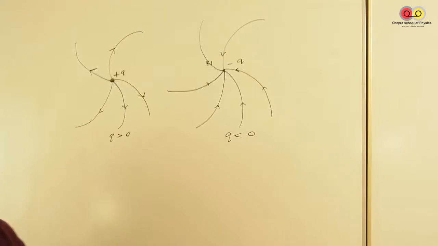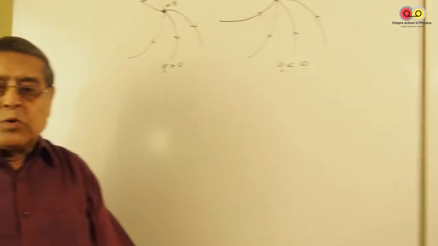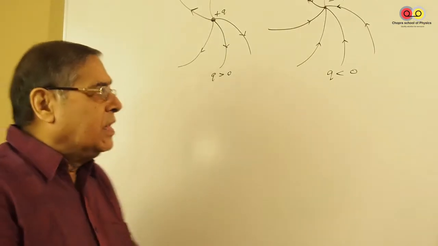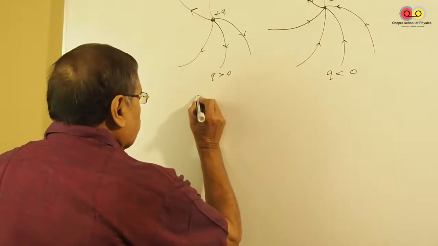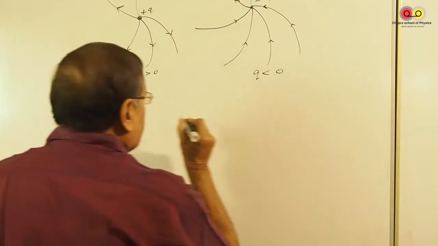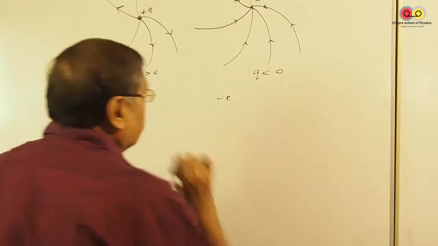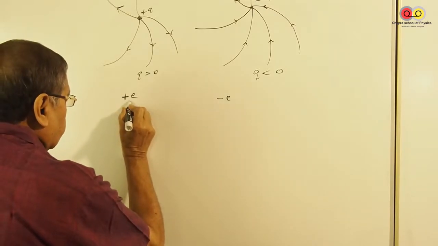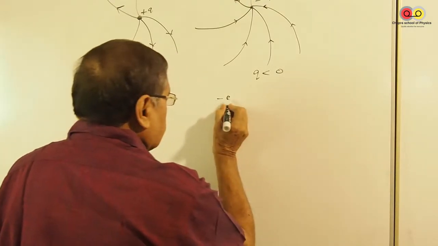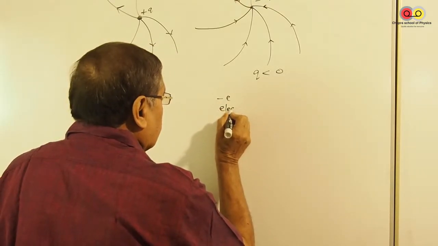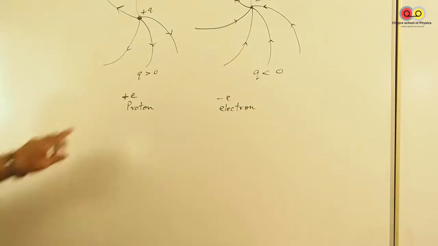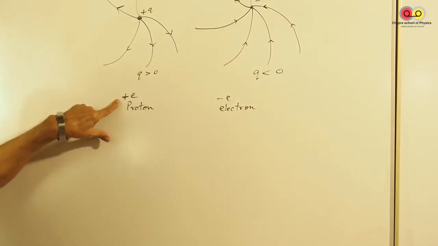Now we have come to a very important argument: why proton is a positive charge and why electron is a negative charge. When we speak of proton, we write it like this, that is plus e. And when we write minus e, this is supposed to be electron. So these are the two symbols. Why are we saying proton is a positive charge?